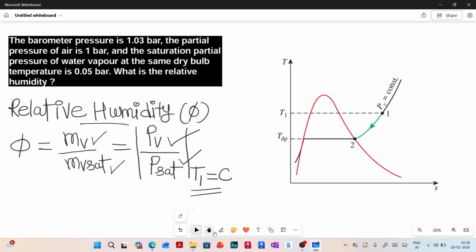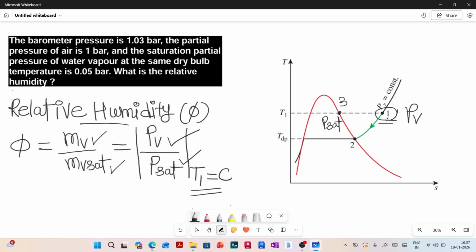So if we see this TS diagram, the pressure at condition 1 is PV, which is the partial pressure of water vapor. And if we see on this saturated vapor line, let's say it is a condition 3, this condition 3 is where the pressure is saturation pressure, Psat.